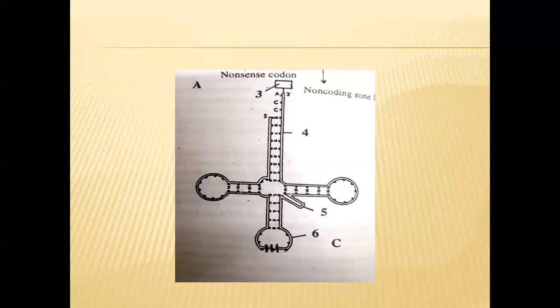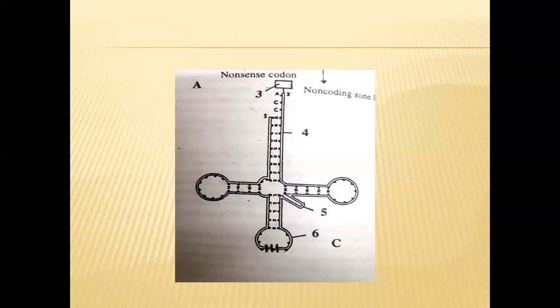So the tRNA, that is transfer RNA, the structure is explained by Holley, that is the clover leaf model. It consists of 3 loops, 1 accessory loop and 1 tail. At the tail part, 3 unpaired nucleobases are present.